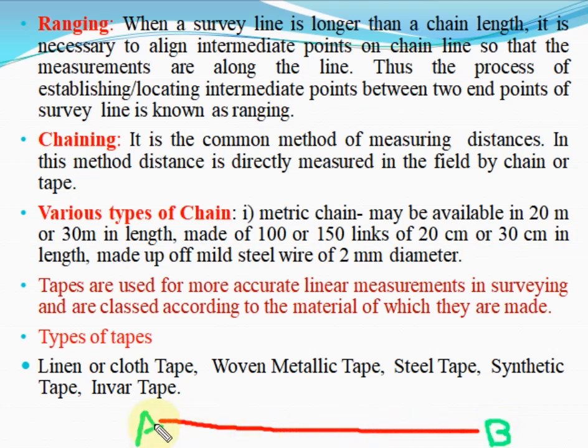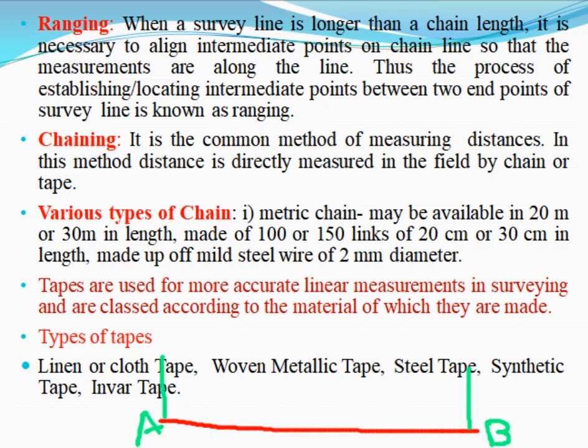One person keeps a ranging rod. A ranging rod is nothing but a metallic rod, which we already know has a 25 mm diameter, and that rod is placed in the ground. At A you fix one ranging rod, and at B you fix another ranging rod.